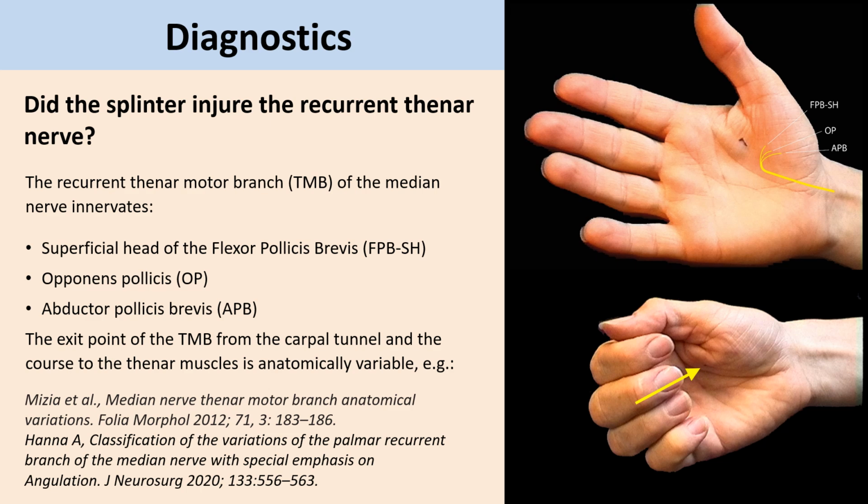Distal to the flexor retinaculum, the thenar nerve turns radial and divides in branches that innervate the superficial head of the flexor pollicis brevis, the opponens pollicis, and the abductor pollicis brevis. The exit point of the thenar motor branch from the carpal tunnel and its course to the thenar muscles is anatomically variable. These variations have been extensively documented in the hand surgery literature.